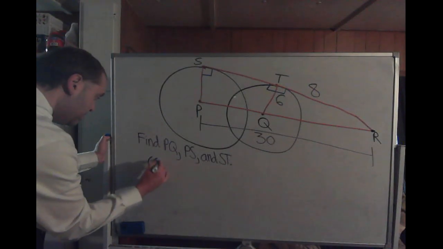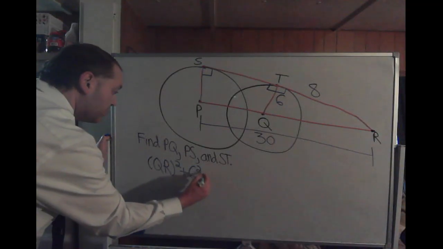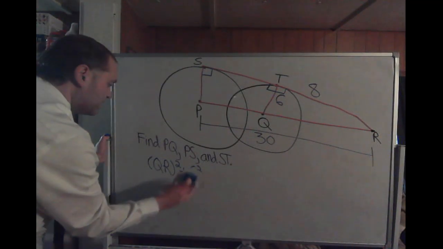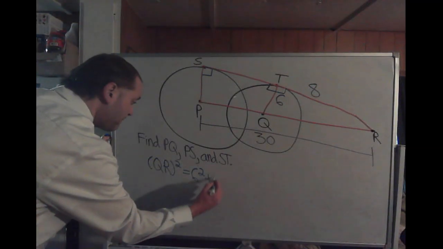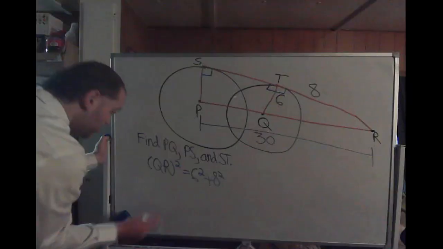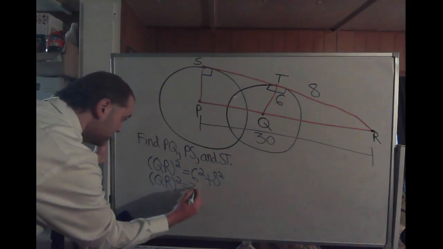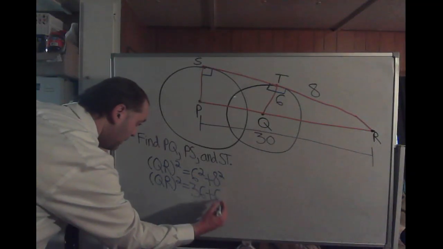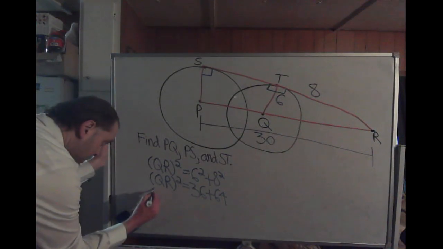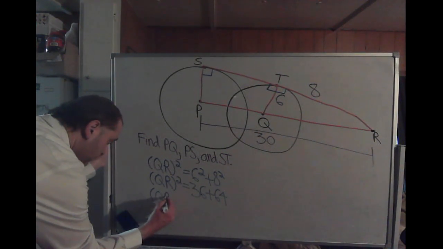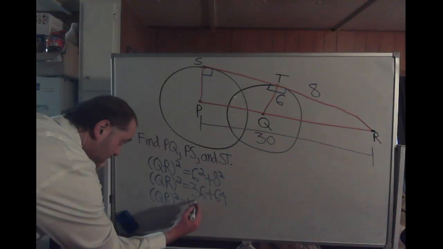QR squared is equal to 6 squared plus 8 squared, which gives us that QR squared is equal to 36 plus 64, which is 100.